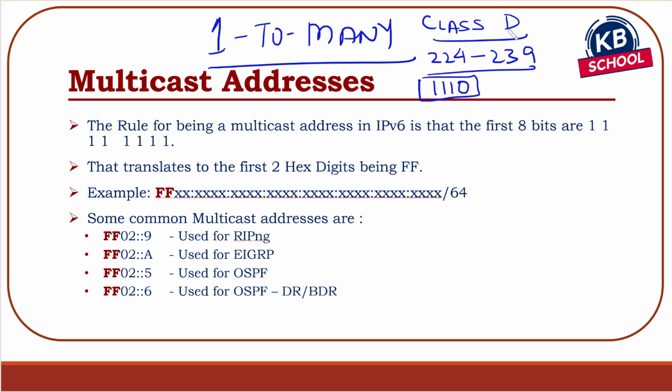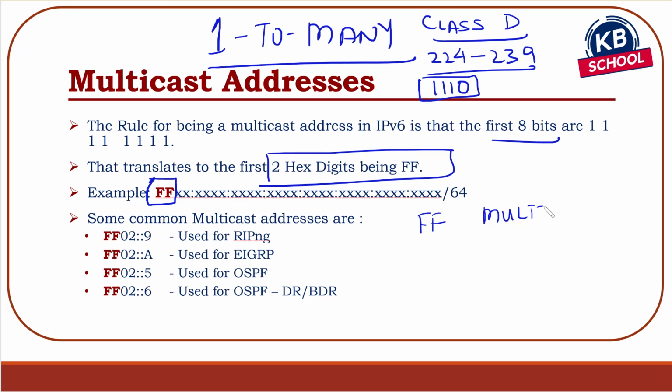That's in IPv4. In IPv6, the rule for multicast address is very simple. The first 8 bits are 1111 1111. It's fixed, and because it falls on your octet boundary, it's 2 hex digits. So anytime you see the first 2 as FF, it indicates it's a multicast address.